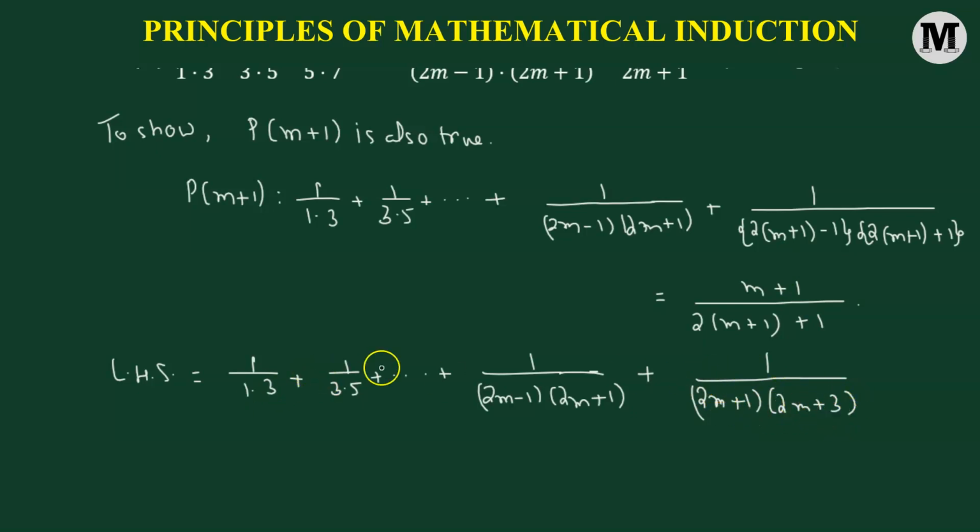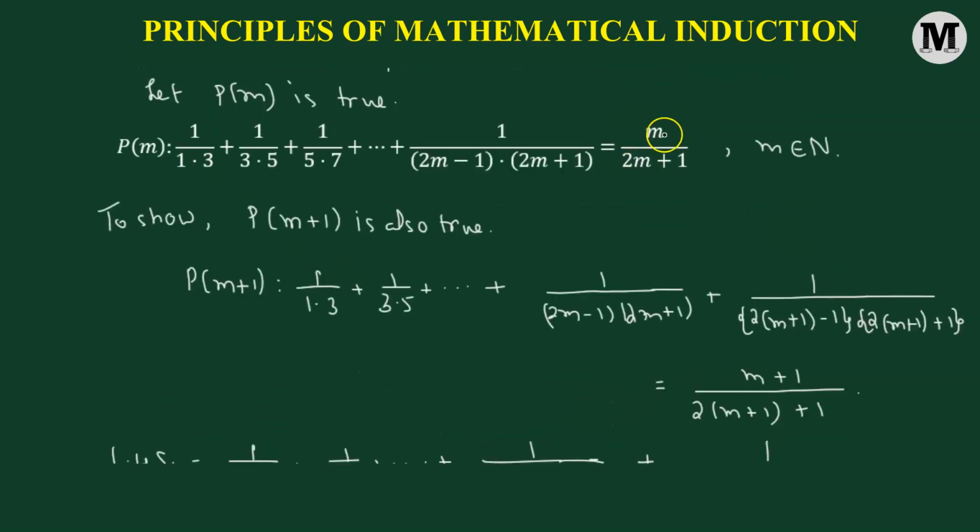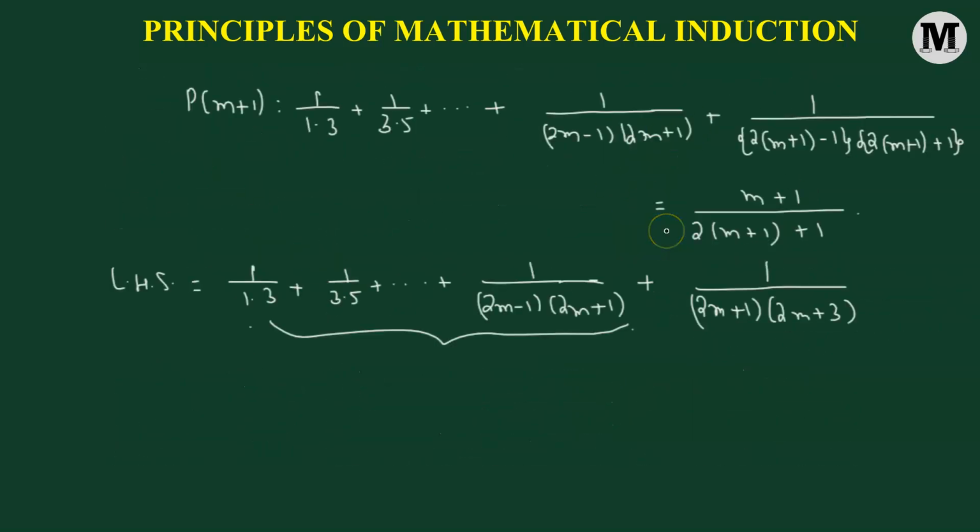Now, from the first term all the way up to the last of the original terms, this is nothing but the left hand side of the statement P of m. We know that's equal to m over 2m plus 1.